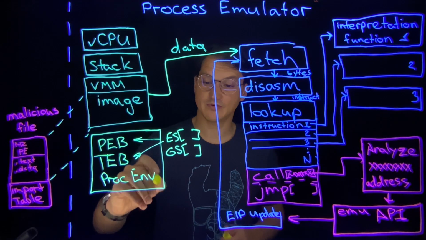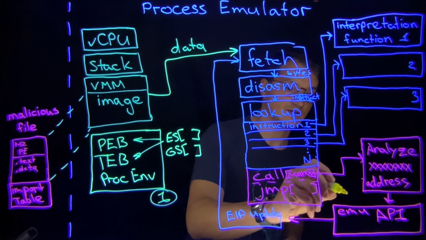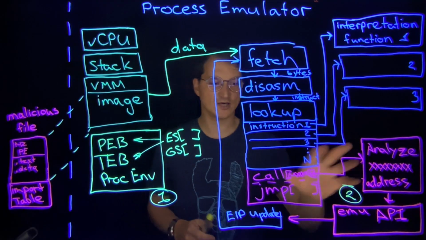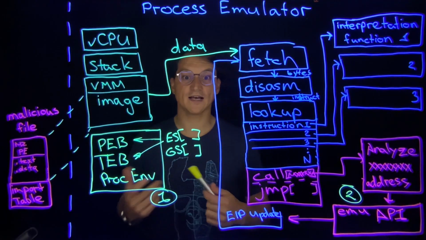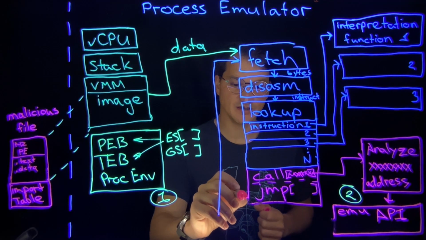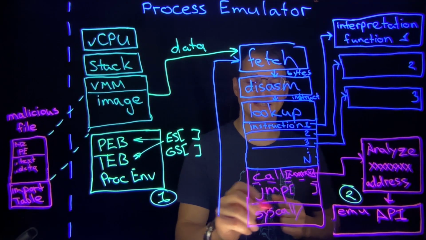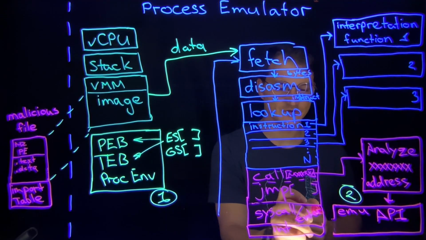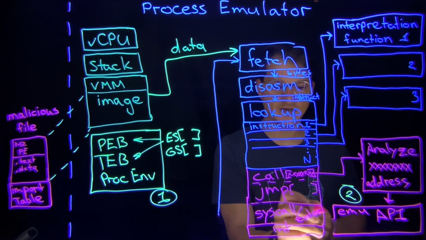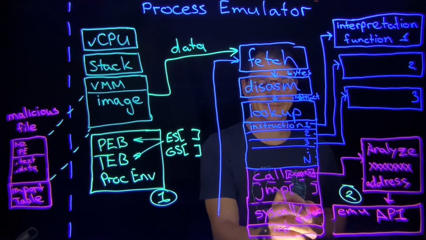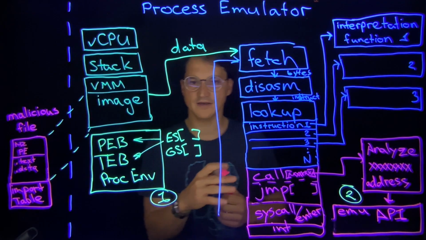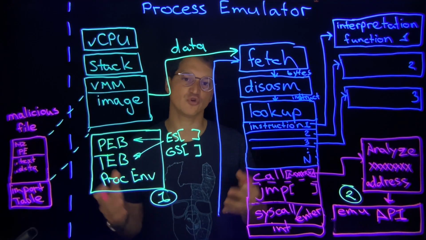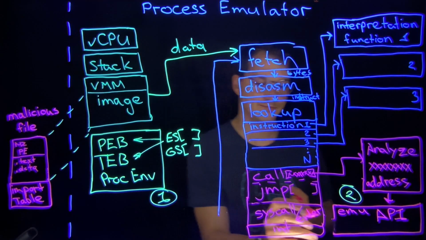We already have TEB, that would be the first addition, and that would be our second addition. So now we know how to emulate TEB, and we also know how to emulate APIs. So what else? Another special instruction would be SYSCALL, or to be more precise, it's actually SYSENTER, as well as the interrupt instruction for Windows 2000. The idea would be very similar, right? It would need to know the parameters of SYSCALL and SYSENTER, how to interpret those parameters and what to do with them.